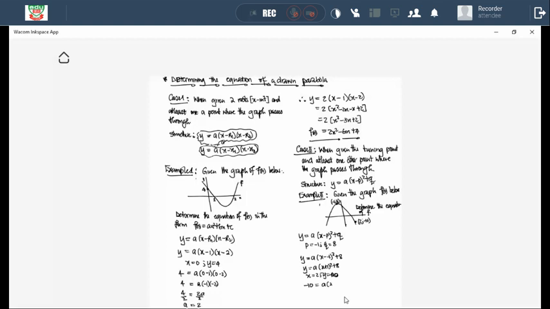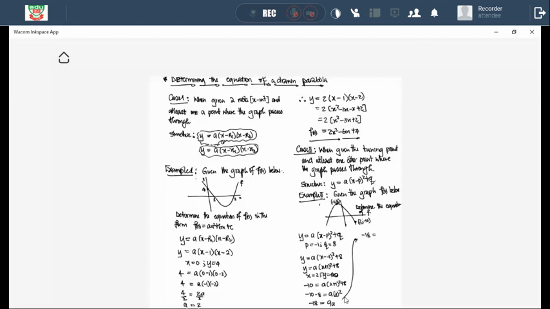So this is a in bracket 2 plus 1 all squared plus 8, which is then going to be negative 10 minus 8 is equal to a in bracket 3 all squared. In other words, this is going to be negative 18 equal to 9a.